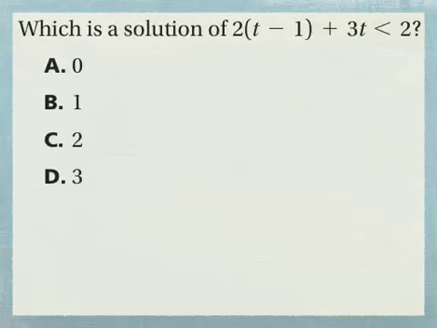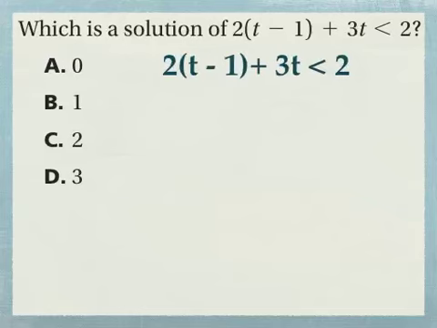The next example says, which is the solution of 2 parentheses t minus 1, plus 3t is less than 2. Notice that in this example, we are going to have to use the distributive property. We're going to have to do 2 times t and 2 times negative 1. Notice I do not distribute to the plus 3t because it is outside of the parentheses.